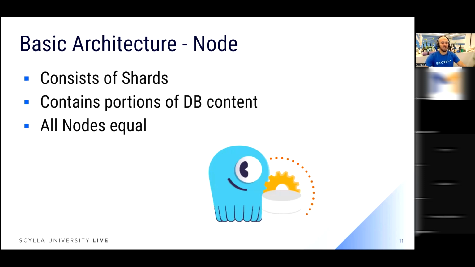So the basic architecture, the basic concept is a node. A node is something that I already mentioned a few times. I never said what it was. Basically, it's the Scylla software running on a server, on a machine. It consists of shards, virtual CPUs, and each node contains a portion of the database content.